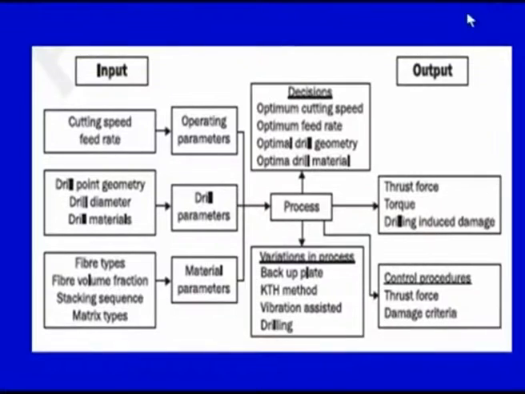We should select the optimal cutting speed, optimum feed rate, and optimal drill geometry. Suppose we have 10 different geometries which can be used to make a hole, we should select the most optimal one which will give us the best quality hole.